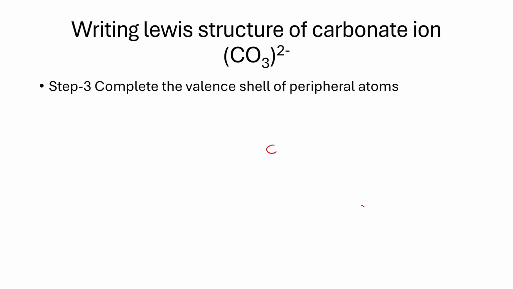So let's just draw the structure that we were able to deduce in the previous slide, and we had to account for 18 more electrons. So again, what we do is we complete the valence shell of the peripheral atoms by placing the lone pairs appropriately.